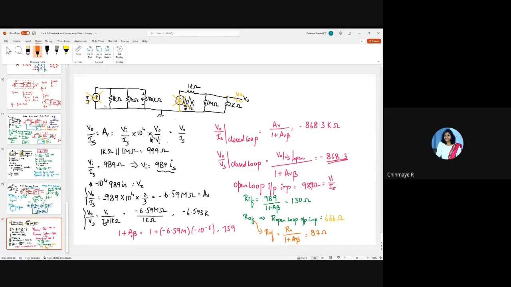Suppose now if we consider this 1K as the source resistance, then while finding out the actual input impedance RIF, we shouldn't take that into consideration. But here in this case, we have already taken that into consideration. So now can you tell me what is RIF actual without considering 1K? Should you just directly subtract it? Will that work? How should you do this?